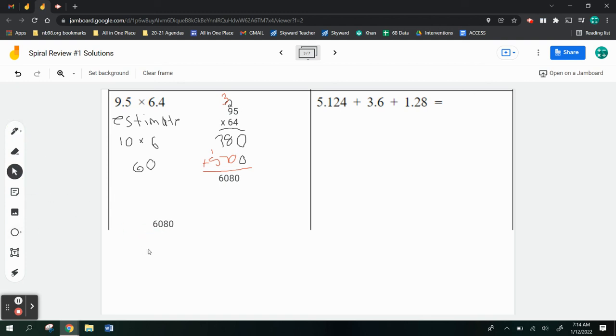It's going to be right in between the first 0 and the 8. 60.80 is super close to 60. And this would be the answer. And that's how you multiply decimals. Estimate, ignore the decimals, multiply like an old-fashioned problem. Then don't forget to place the decimal back in.